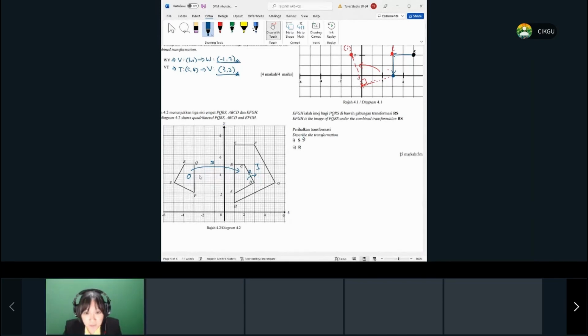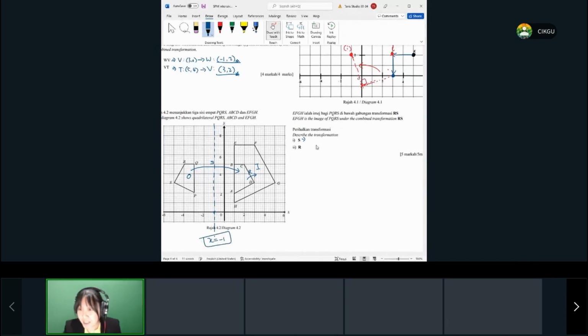S, from PQRS to ABCD, is a reflection. The middle line is here. This reflection line cuts the x-axis at -1.